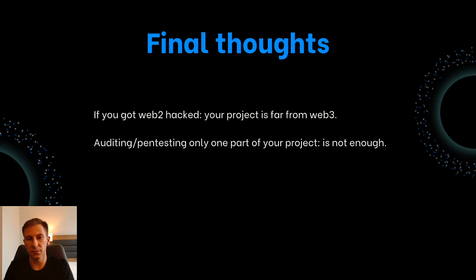But now, if you followed this whole presentation, you have many ideas on how these parts outside of a smart contract can have logical issues and can introduce problems in a system that get you totally wrecked.